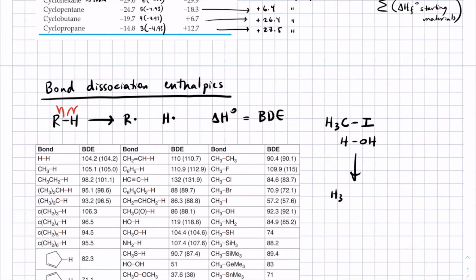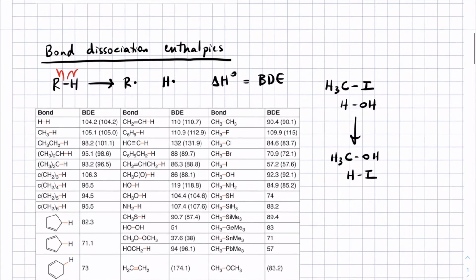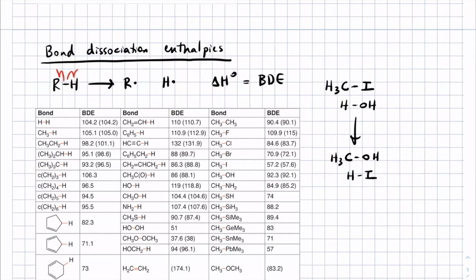So suppose I take methyl iodide and I react it with water to get methanol and HI. I'd need the right bond dissociation enthalpy, wouldn't I?